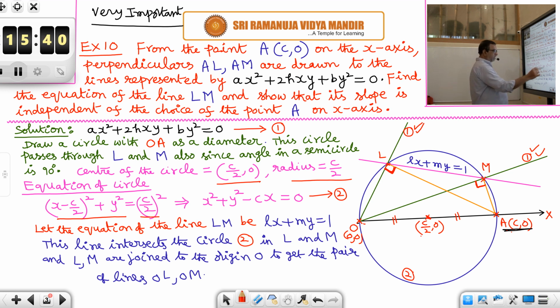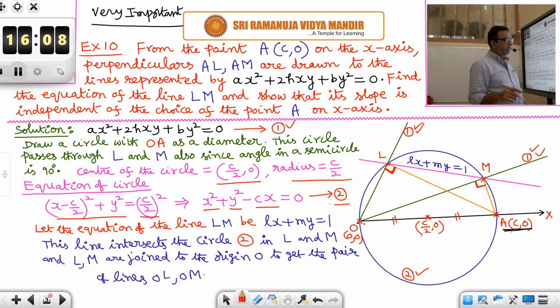You will get the equation x² + y² − cx = 0. That is the equation of the circle. So it is denoted by the symbol 2, and I have marked 2 here, you can see in the diagram. Okay, and this pair of lines is 1, I have marked in the diagram. So I got the equation of the circle.